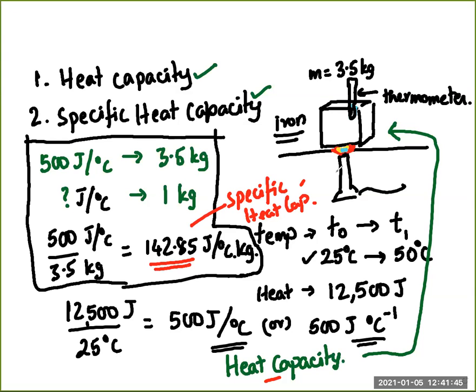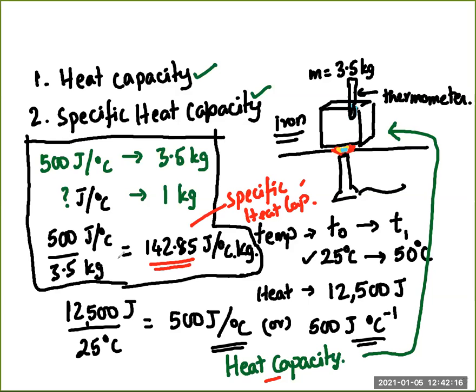I'm calling it the object because I can't say that it's made of iron, because the specific heat capacity, the amount of energy required to raise 1 kilogram's temperature by 1 degree Celsius, is coming out to 142.85 joules. And iron's specific heat capacity happens to be somewhere around 450 joules per degree Celsius per kilogram.